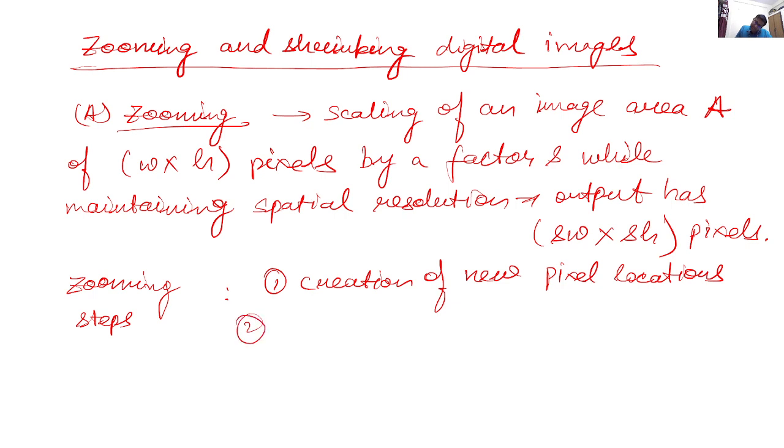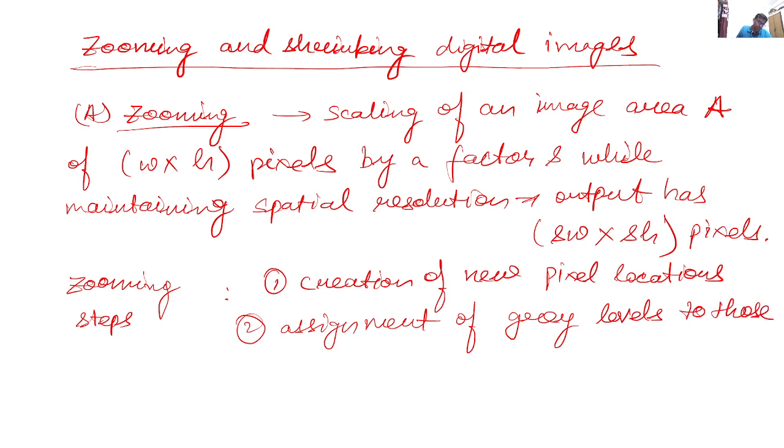And the second step is assignment of gray labels to those new locations. So in case you're not understanding it, we will be taking up a couple of examples and it would be crystal clear after that.